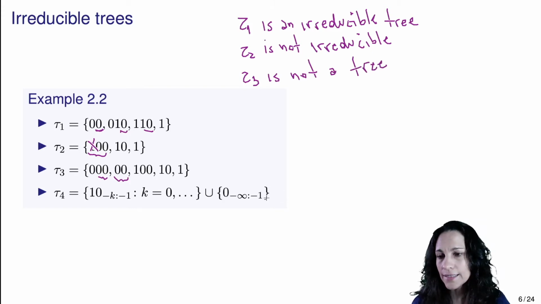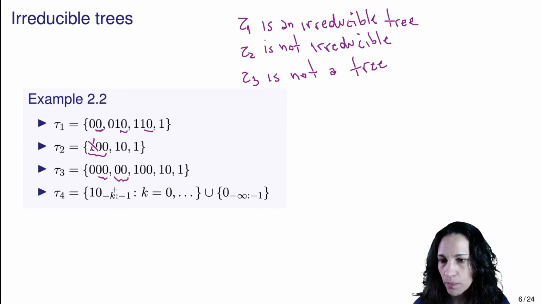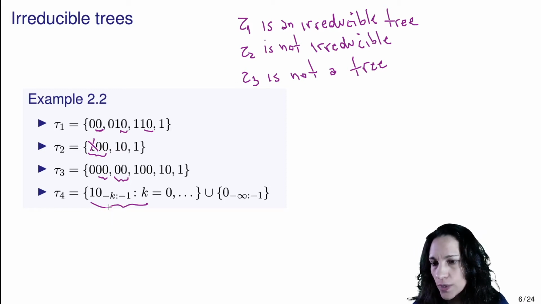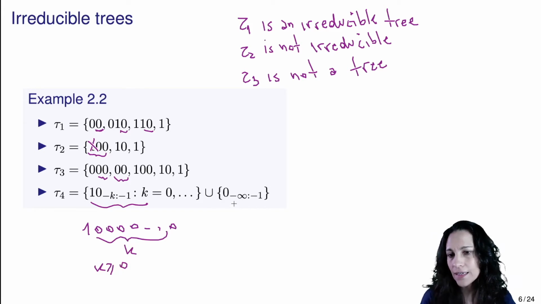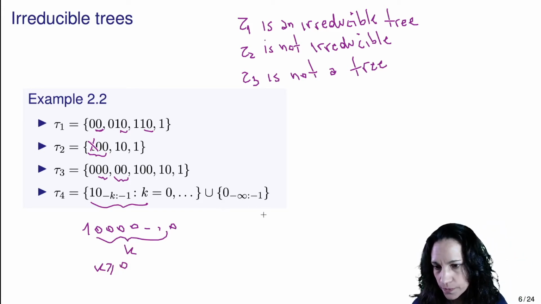Okay? And in the case of tau4, we have that this set is composed by the sequences given by a 1 concatenated with k zeros, so these are the sequences 1, 10, 100, 1000, with k zeros here, with k greater or equal to 0, plus a single infinite sequence of zeros.